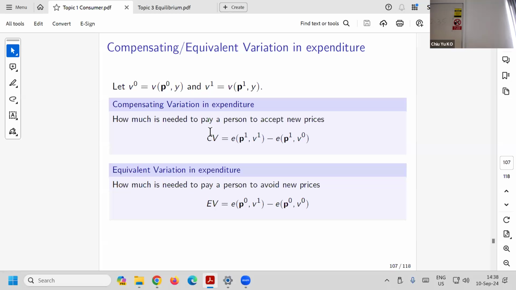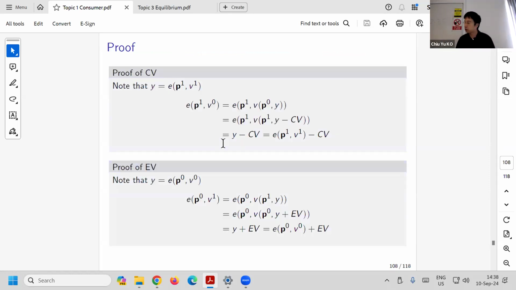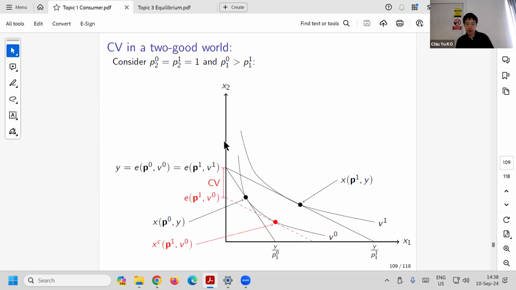Just play around with the definitions. And I don't think there's any gain from going through the definitions. I'm not going to do this. But rather, I want to illustrate this in the graph to tell you what EV and CV are in terms of the graph, then you have a better idea. I think this is the most important thing to stick in your head.